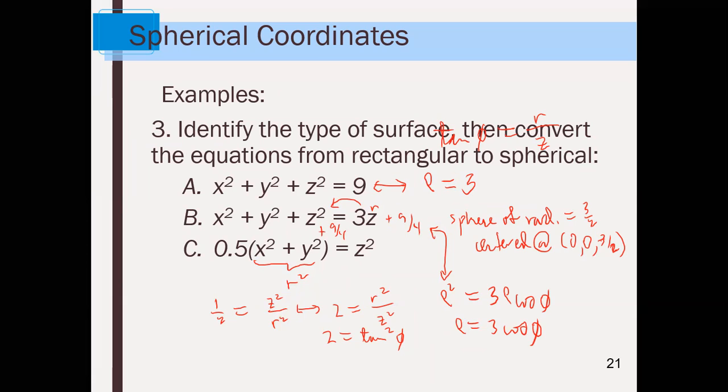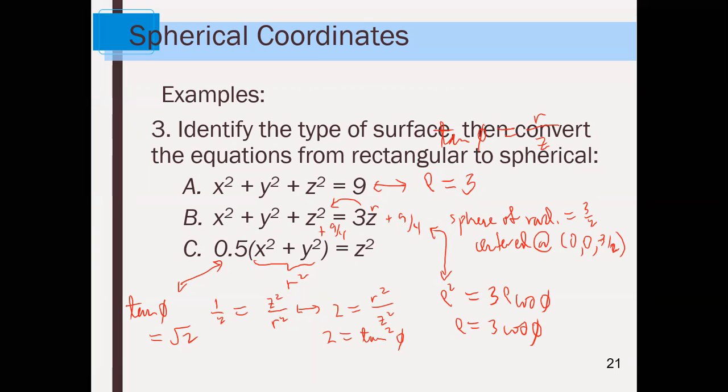You could take the square root of both sides, by the way, and express this as tangent of phi is equal to the square root of 2, yes? And you could say phi is equal to the arctangent of the square root of 2, and that would be perfectly all right. We already knew that cones were basically phi equal to some kind of constant, and that's precisely what's going on here. Phi in this case is just the arctangent of the square root of 2, okay?